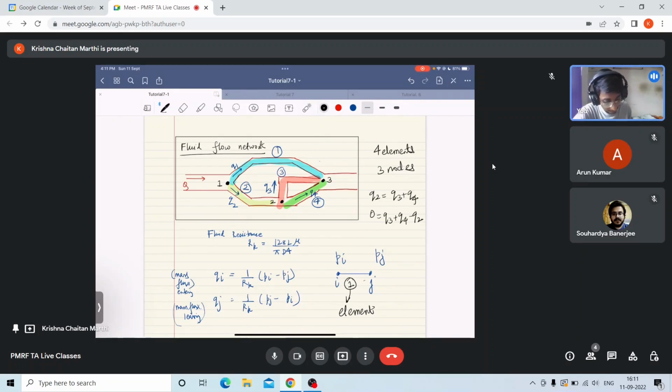At this node I can write q1 plus q3 plus q4 equal to capital Q. Why? Because we are considering a steady system, so whatever mass flux is entering will finally leave. So from this node we get the expression q1 plus q3 plus q4 equal to Q. From this node we get q1 plus q2 equal to Q, and from this node I get q3 plus q4 minus q2 equal to 0.